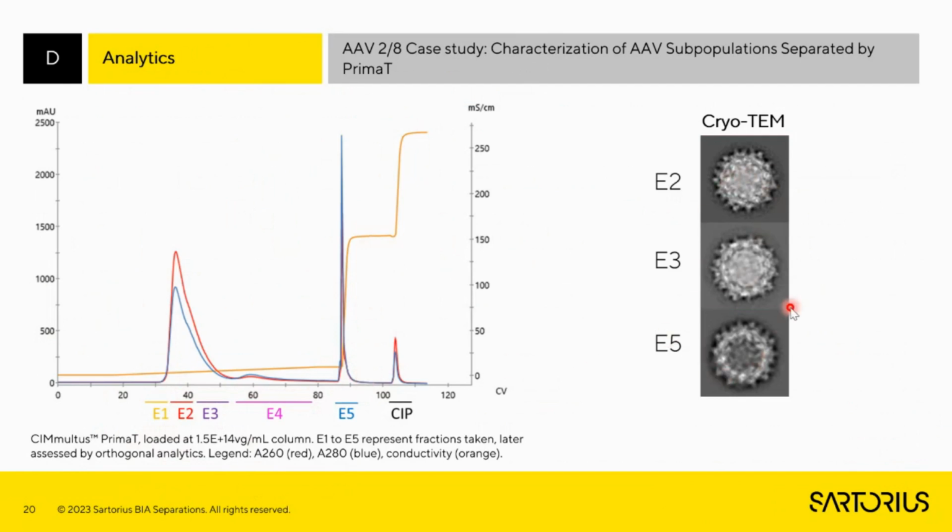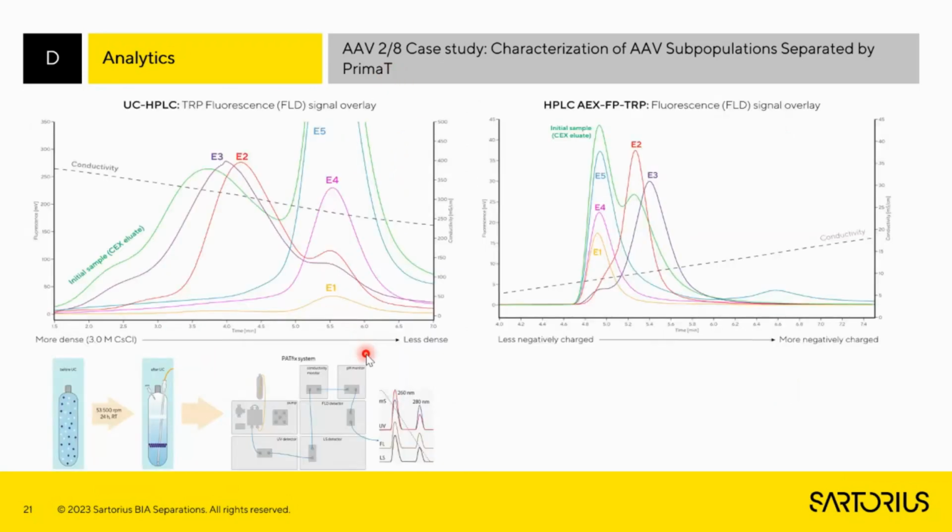The first one was cryo-TEM, and we saw how the capsids usually look: the full capsids are seen here in E2. E3 resembles the partial capsids, whereas the one with the hollow point in the middle is what is assumed to be the empty capsids.